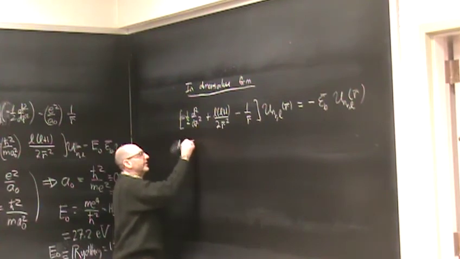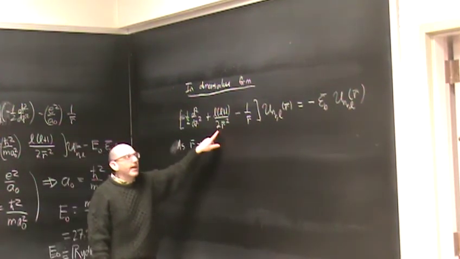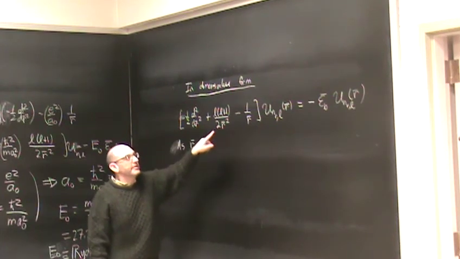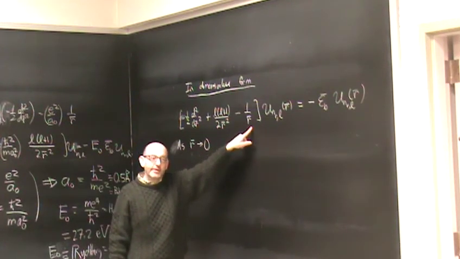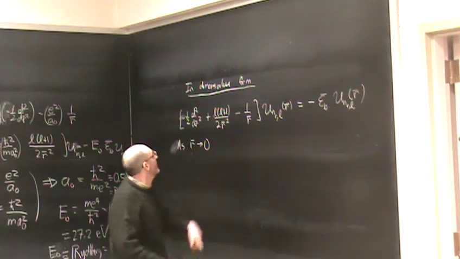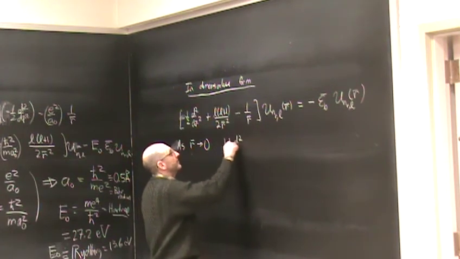Asymptotically, as we get close to the origin, if L is not equal to 0, this dominates. The angular momentum barrier dominates over the 1 over r. So this means that we have this approximate equation.